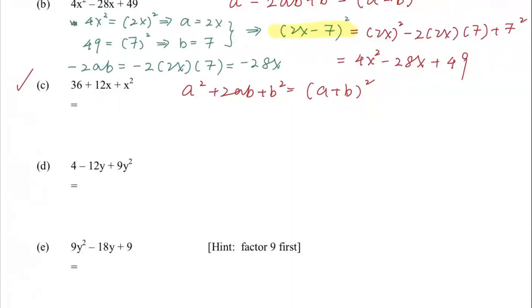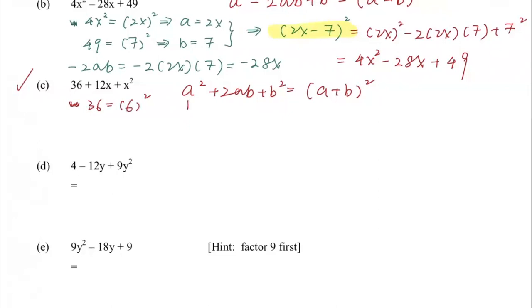So let's do this. In the formula, we have a squared, right? And in the question, we have 36. Can we write 36 as something squared? We can. 36 is equal to 6 squared.